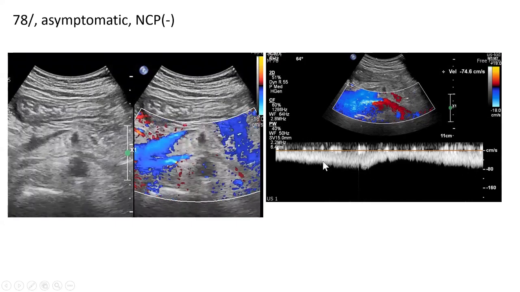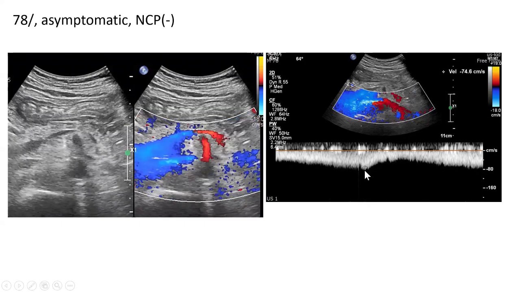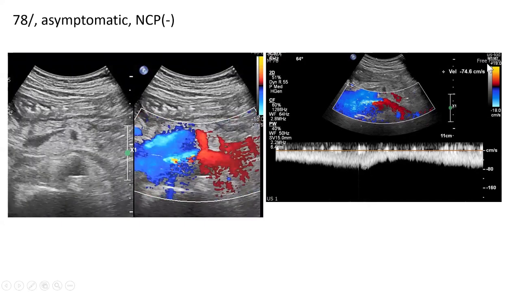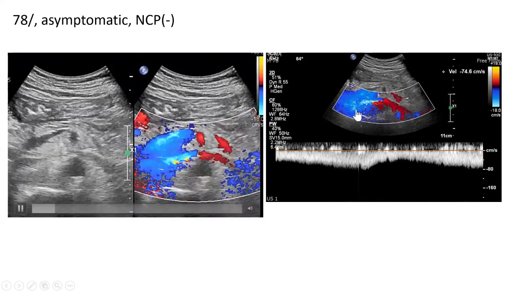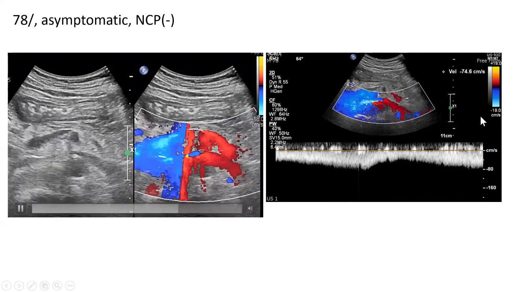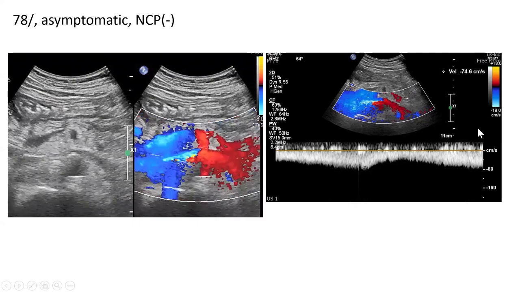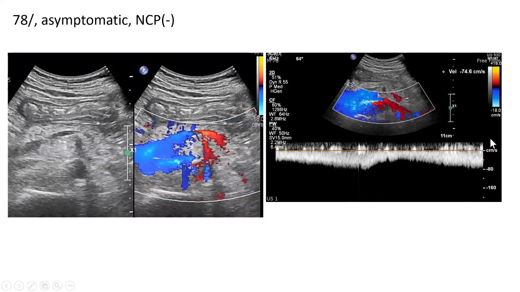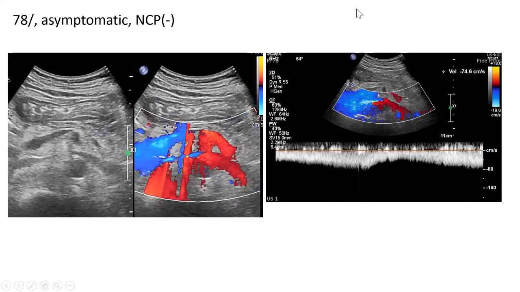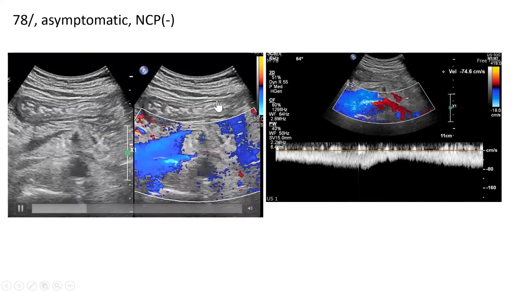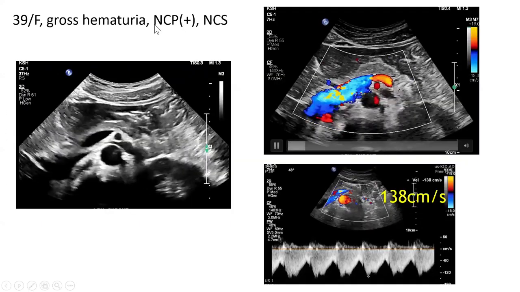Usually inspiration is a little bit lower and expiration is a little bit higher, and the maximum was 74 in this patient. So this patient's velocity data shows a normal subtle compression, and this is not a finding of nutcracker phenomenon. This is an example of normal Doppler ultrasound findings of the left renal vein.